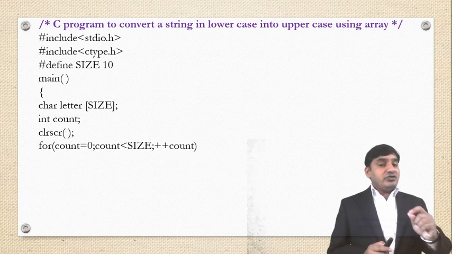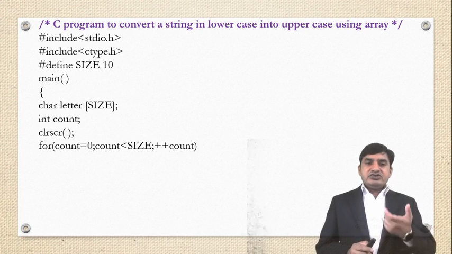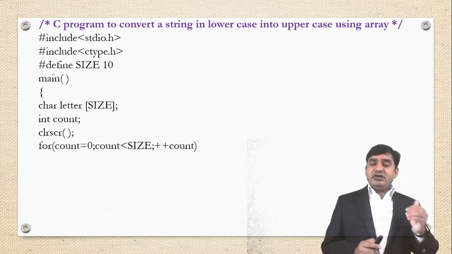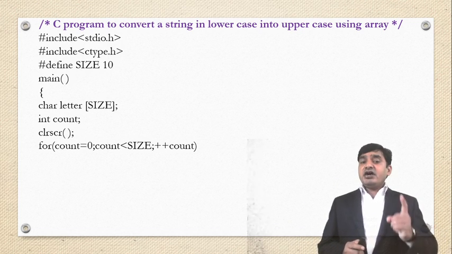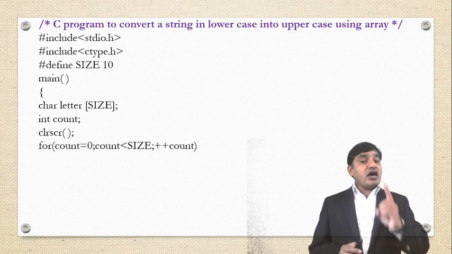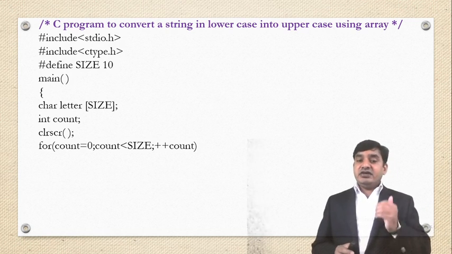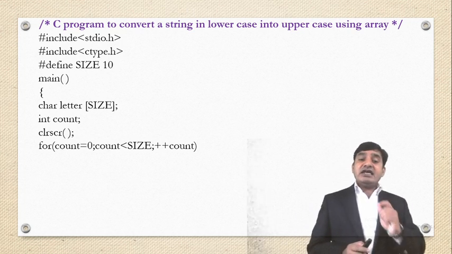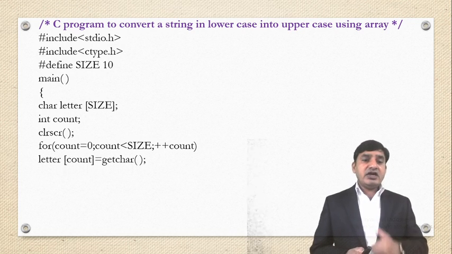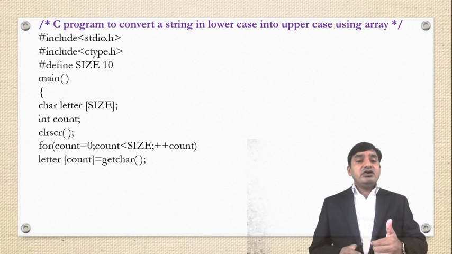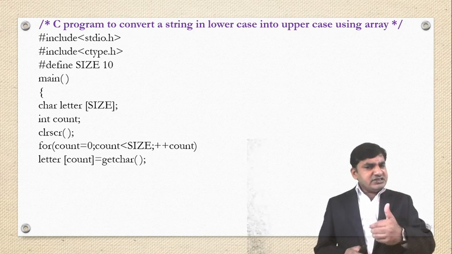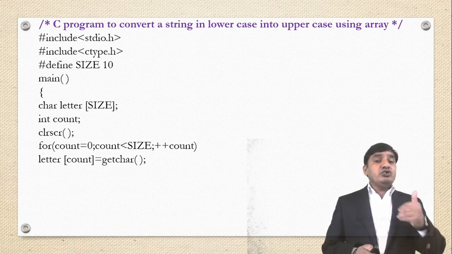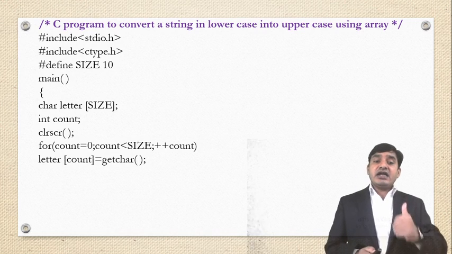For loop, count is considered as 0. This is the initialization of the for loop. Count is incremented up to the size, that is up to 10. Therefore count is equal to 0, count is less than size, or less than 10, and count is incremented. Now letter[count] is equal to getchar. This getchar is the input function which is used to enter a character.